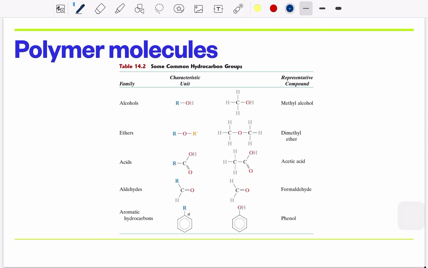And then we also need to refer to some functional groups. I think this is pretty common, and you already learned it in chemistry: the alcohol group, ethers, carboxylic acids, aldehydes, and then aromatic carbons.